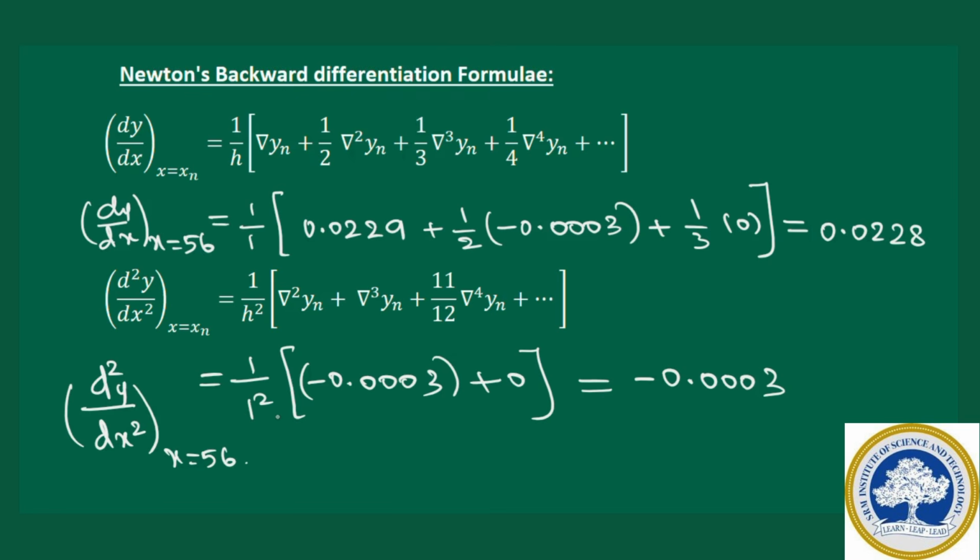The first two derivatives at x equal to 56 are 0.0228 and minus 0.0003. This is the way we use the numerical differentiation formulas. In this problem they directly asked us to find the first two derivatives at both endpoints, that is at x equal to x naught and x equal to xn, so there are direct formulas we can use to obtain these values.